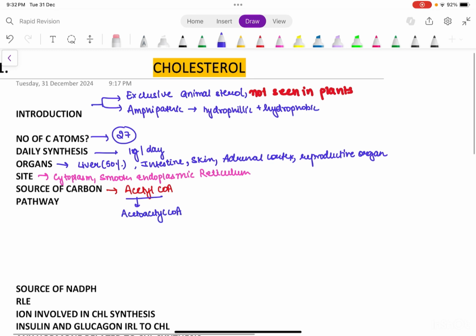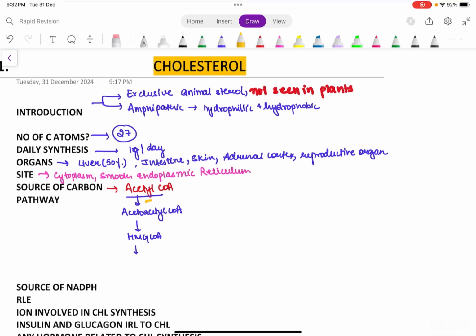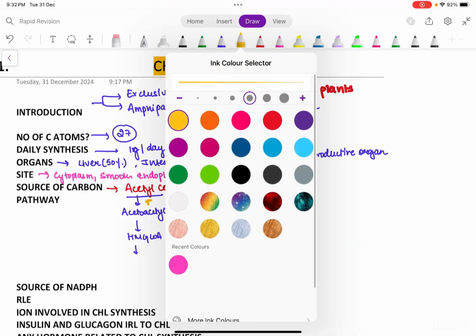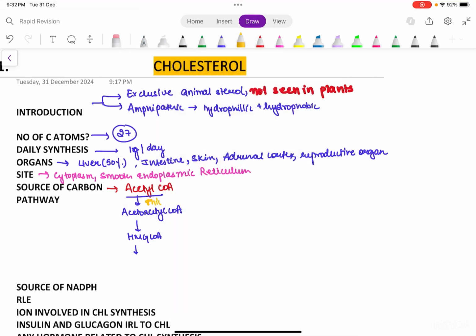Then we have, first I'll write the substrates. Then we have HMG CoA. Then basically I'll write the enzymes as well. So in acetyl CoA to acetoacetyl CoA, we have what is called thiophorase. Then from acetoacetyl CoA to HMG CoA, we have HMG CoA synthase.